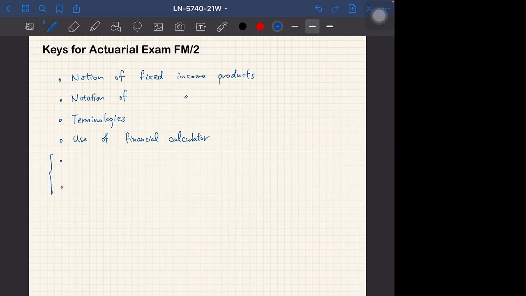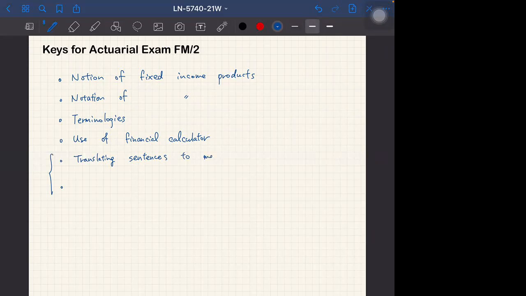And we have two kinds of skills to take the exam. One is translating sentences to mathematical expressions. Probably this is the biggest key to the exam.